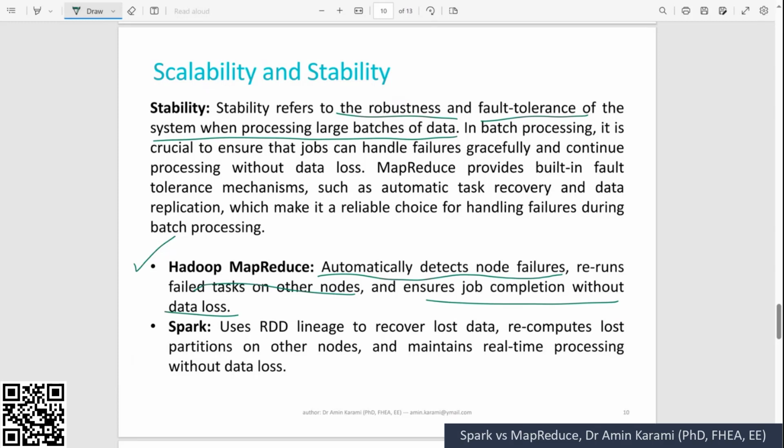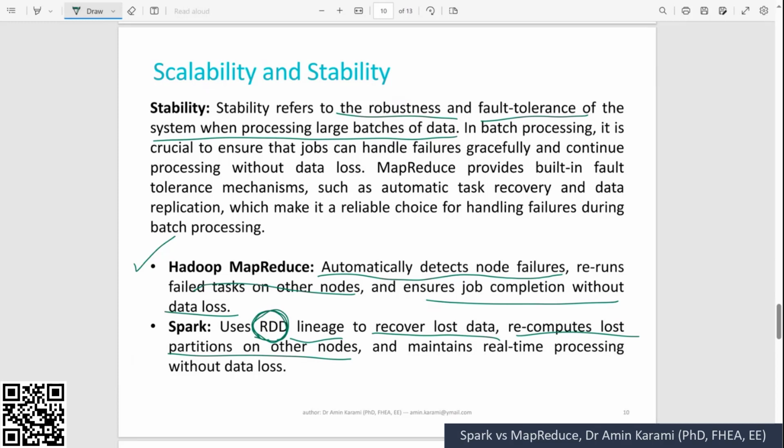Perfect, right? What about Spark? Spark provides RDD, a data structure in Spark that we will discuss shortly. It provides lineage to recover lost data, recompute lost partitions on other nodes, and maintain real-time processing without data loss.